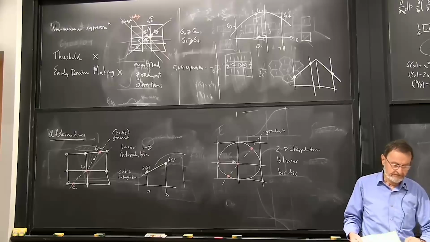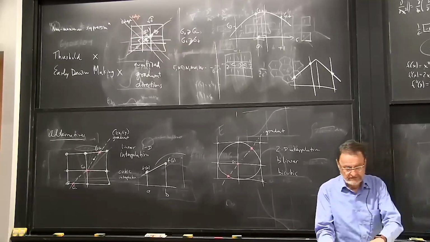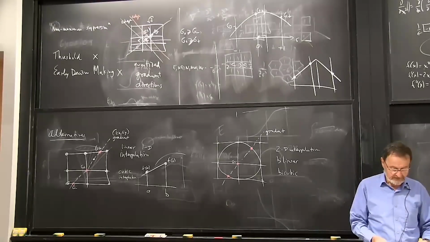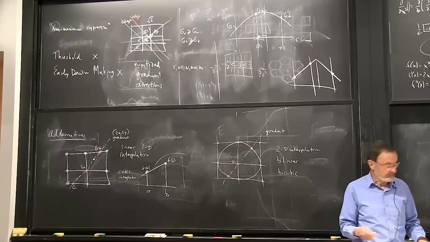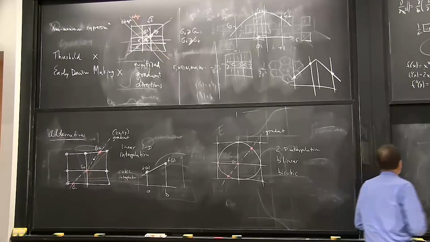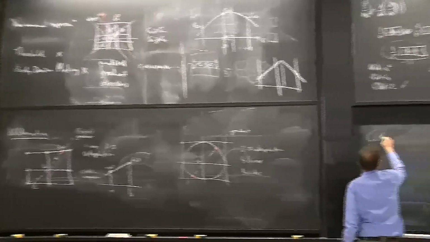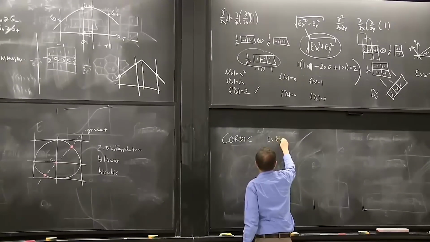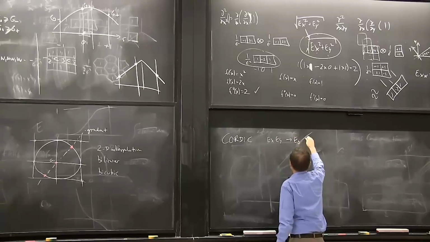Let's see, do I want to do this now? Or we haven't talked about CORDIC, so I'm just looking at the time. We don't have much time, so why don't I do CORDIC? So this was the method to go from EX, EY to E0, E theta, right?